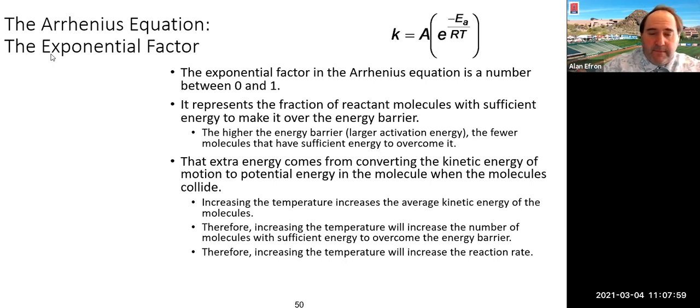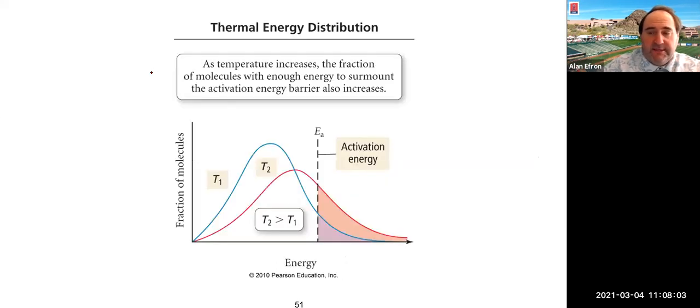And this graph representation here shows us what we've been talking about, that proportion of molecules that have enough energy, that minimum amount of energy, to get up and over that hill. We look at a graph of T1, which is the blue line, and T2, the red line, and T2 is higher in temperature.